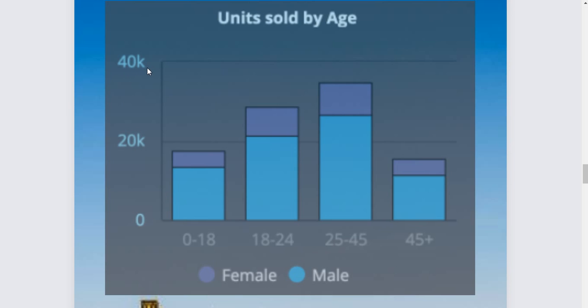K stands for thousand. 0, 20,000, and 40,000. Here it is probably 18,000. And out of those 18,000, the people from 0 to 18 years old purchased more male than female buyers, and so on and so forth.